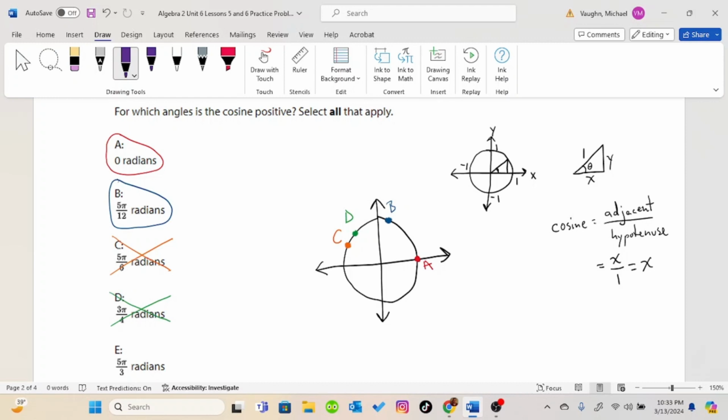And now we need to go another 2/3, which would put a point down here in quadrant 4, where I put this purple point and labeled it E. On the right side of the y-axis, the x's are positive, therefore E is also correct, because if the x is positive, the cosine is positive.